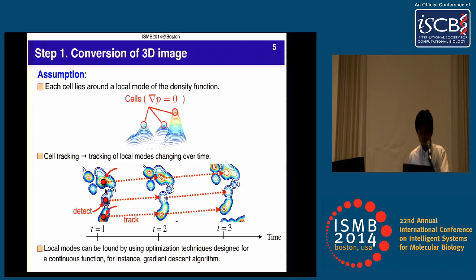At the initial position, we can identify the position of cells by finding the local modes of the density function, and the number of cells is fixed here. The important point is that we have a continuous function. So these local modes can be found using well-established optimization techniques designed for continuous functions, such as the gradient descent algorithm. This is the fundamental idea of the proposed method.